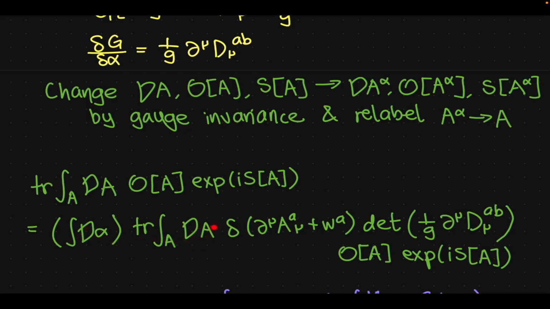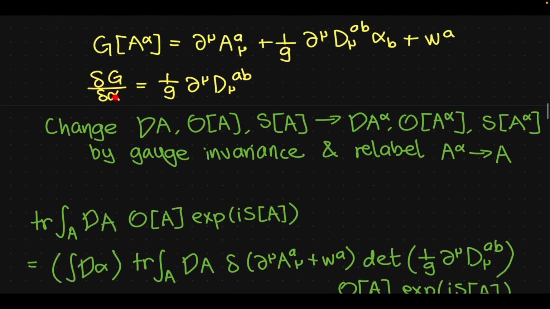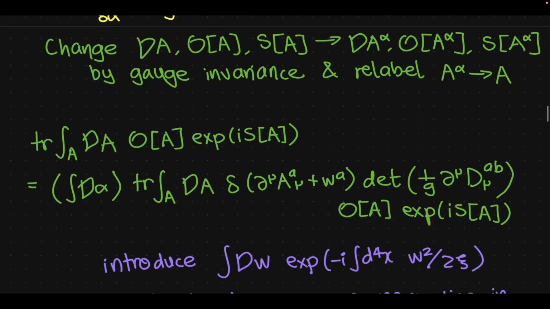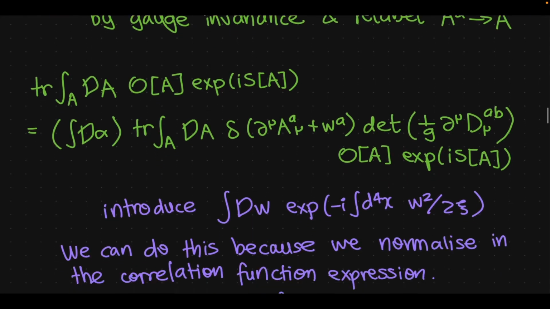Trace path integral over A, delta, I'm expanding what g of A is, the derivative of A plus W, multiplied by the determinant. We found out what the functional derivative is, so we can just put that in: 1 over g, the derivative of the covariant derivative, O of A, exponential i S[A].